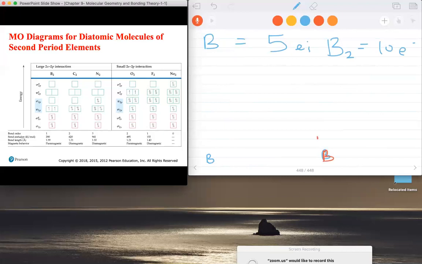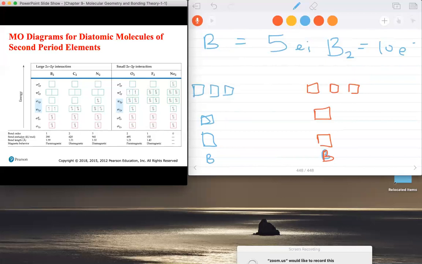This is 1s, 2s, and 2p on this side, 2p on that side, 1s. Maybe I should have used a different color here so that you can see that is 1s, that is 2p, that is 2s, and then 2p here is 3 of them there, 3 of them there.